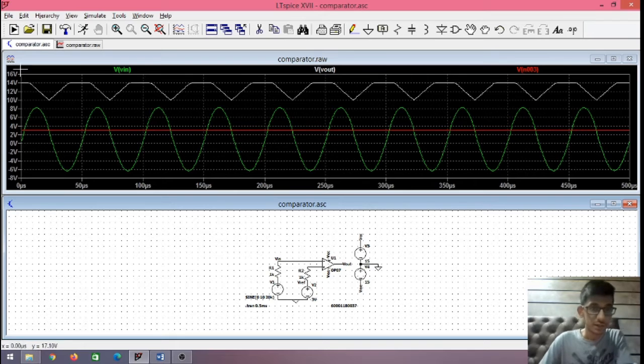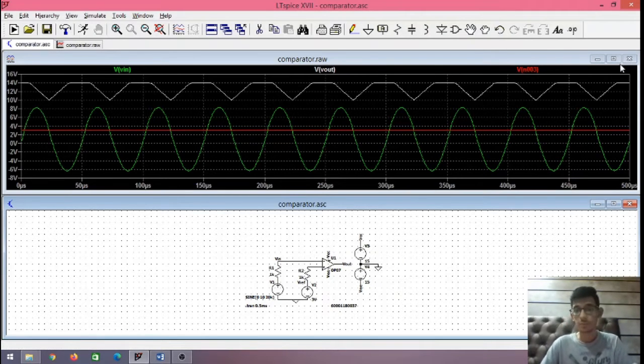We see that here it is not what we wanted. It tries to go below, but as soon as it reaches this point, it sees the output is again below and has to go to positive Vsat again, so it cannot reach the negative Vsat in time, and we do not get the output which we wanted. So this is the problem we face with making a comparator using an op-amp.